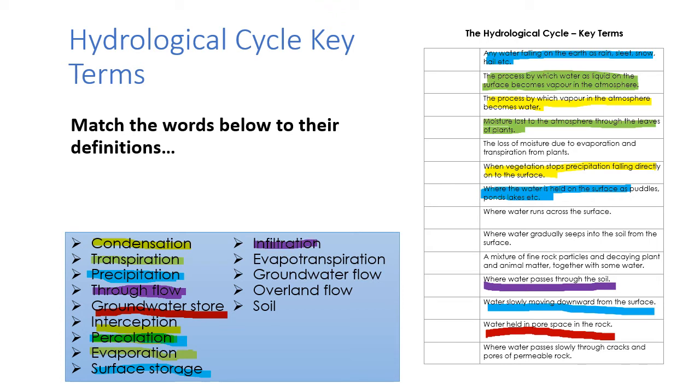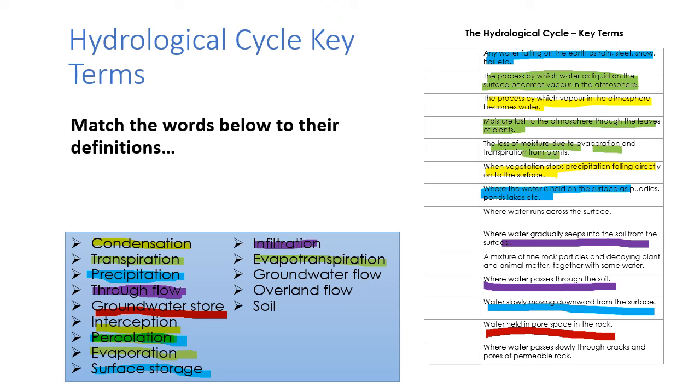So let's have a look, see what we've got here. Here we are. Water gradually seeps into the soil. Now, evapotranspiration is basically a mixture of evaporation and transpiration. So it is anything that is bringing the water back into the atmosphere, a combined evaporation and transpiration.